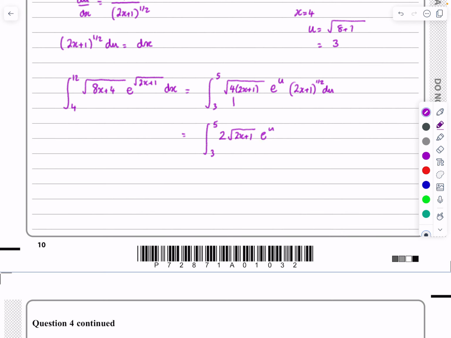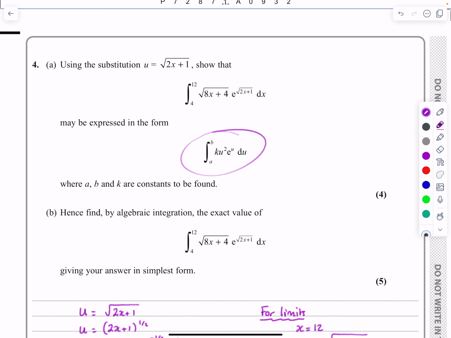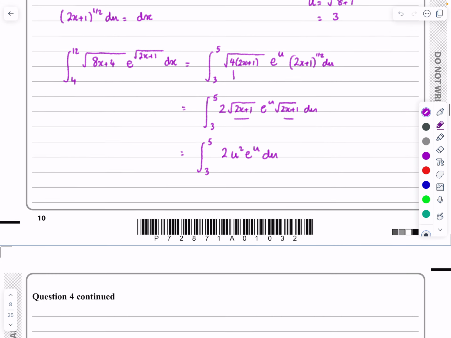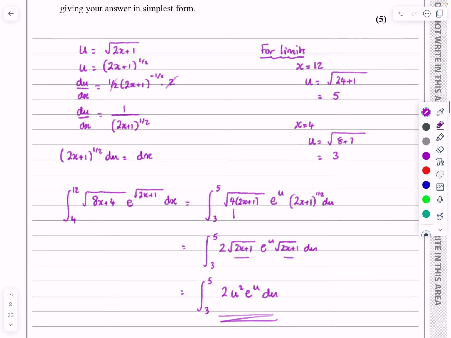E to the u, and then I've got root 2x plus 1 du here. And so I've actually got u and u there. So in other words, it's entirely up to you how many steps you want to do. We just need for you to be getting this right. I've got 2u squared e to the u du. So if we now go back and see what we were trying to get that to look like, yeah, I've got exactly the format that I wanted for this first part here. So A is completed.